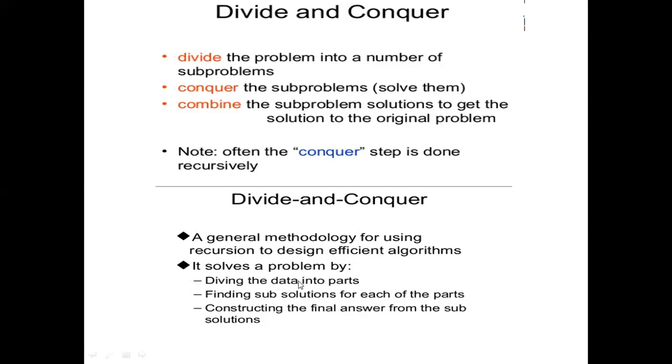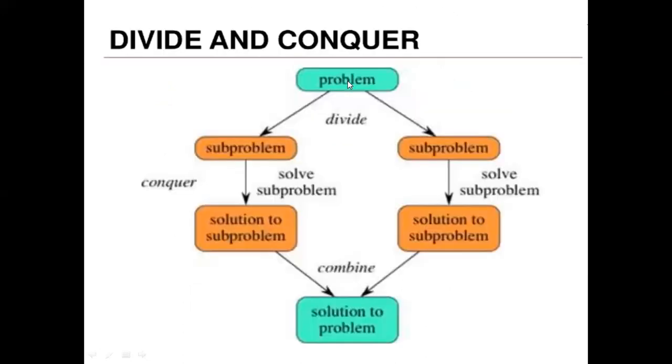That is our divide and conquer. So see the diagram here. The problem is there. We have split it into subproblems. Then we have to solve the subproblems. This we call conquer.